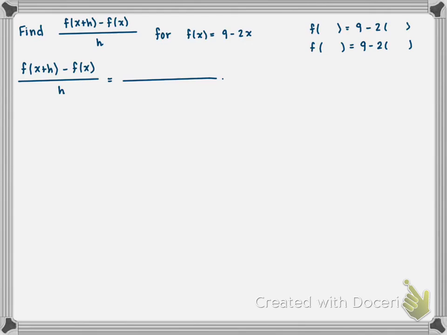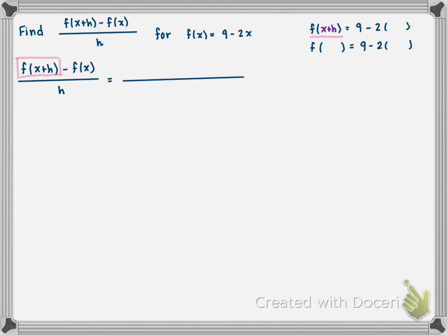So if I see this symbol right here, I say, okay, I can make the left side of this look like that if I put an x plus h right here.